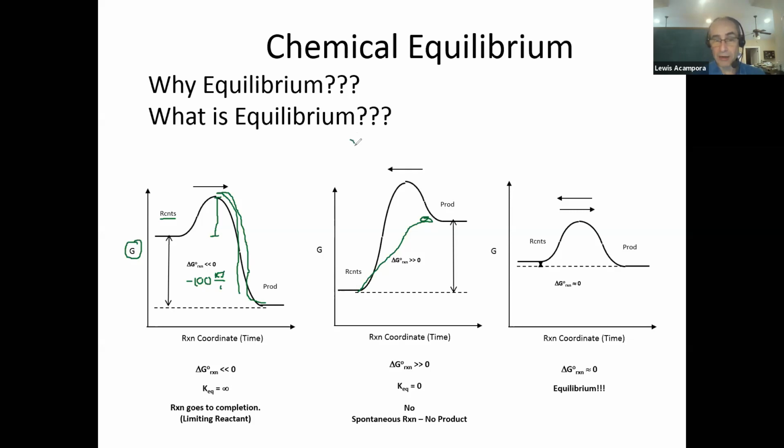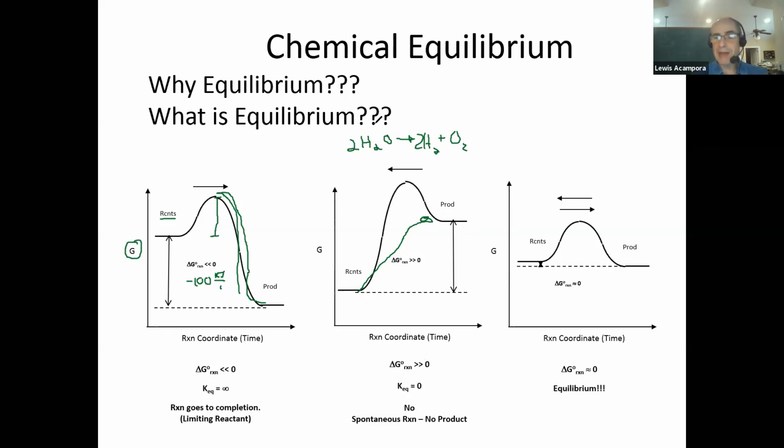We can take water and electrolyze it, use electricity to split it into hydrogen gas and oxygen gas. And if we can use solar energy to do this, that would be great, because we could reduce our dependence on fossil fuels. But just the opposite of this, we've got a delta G naught that is very positive.